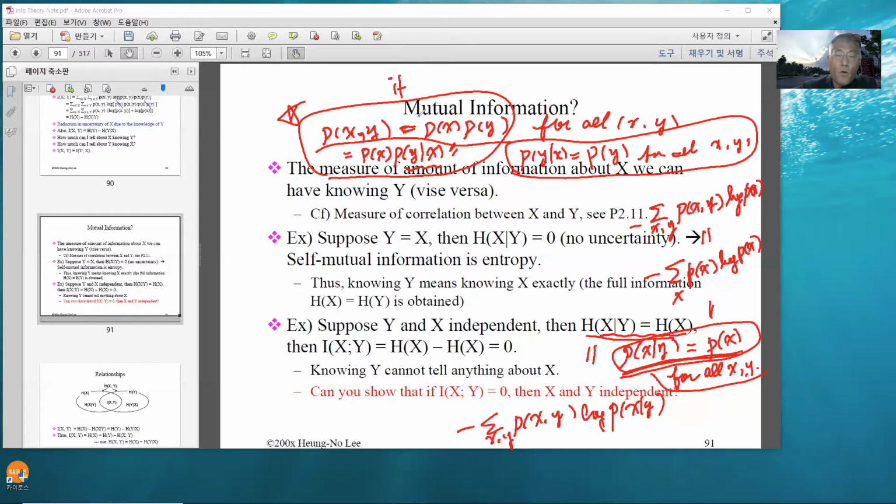When this equality holds, we say that the two random variables X and Y are independent of each other. Or if this is true, then we say that X and Y are independent of each other.